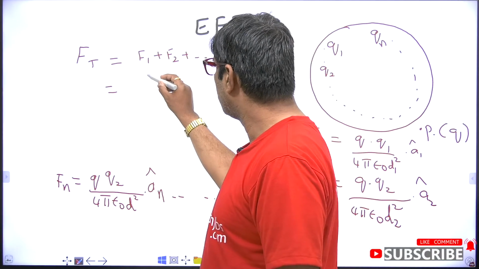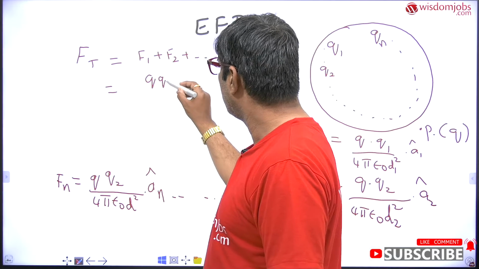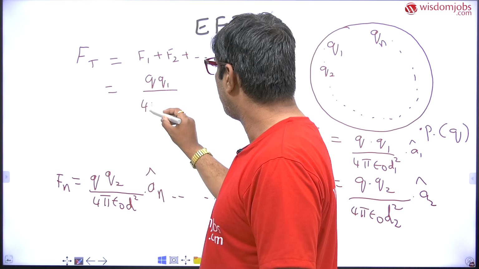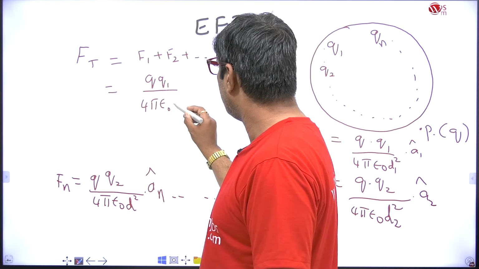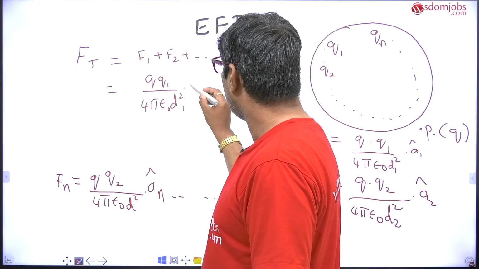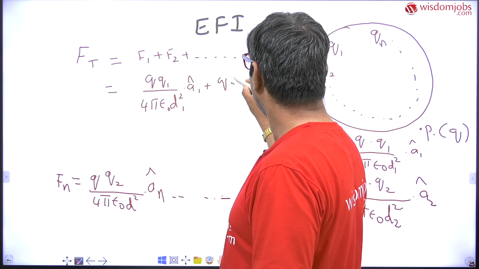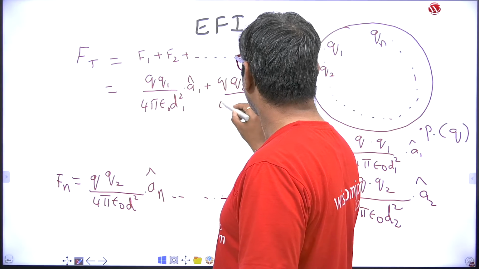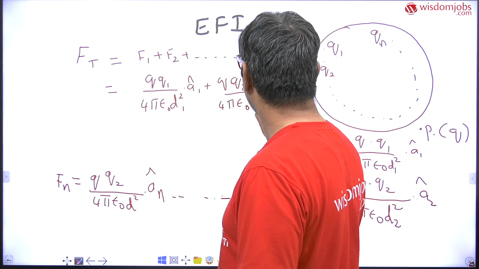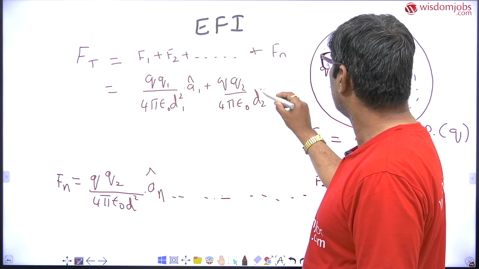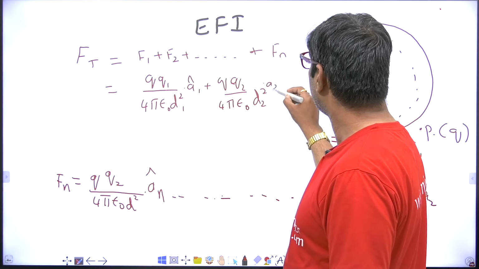Now let us replace all these expressions in the Ft expression. So what would be F1? Q into Q1 by 4 pi epsilon naught d1 square into a1 cap plus Q into Q2 upon 4 pi epsilon naught d2 square into a2 cap, right?